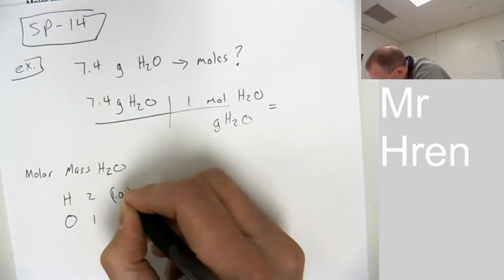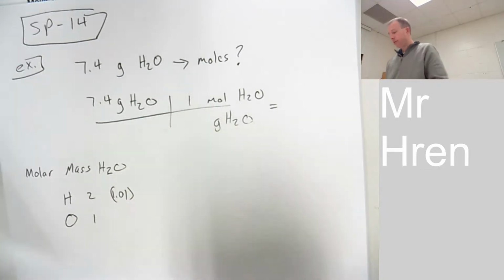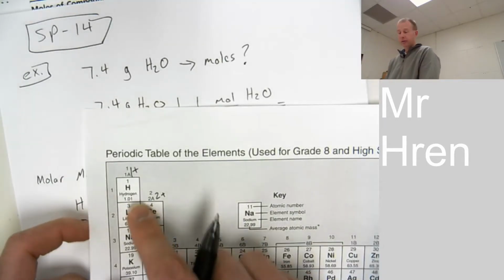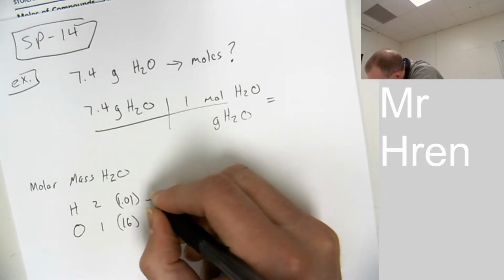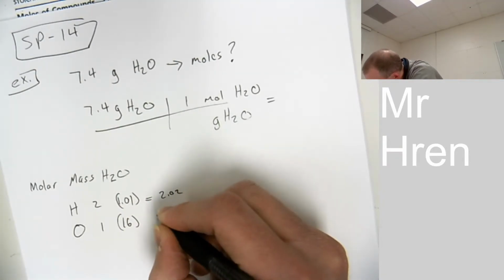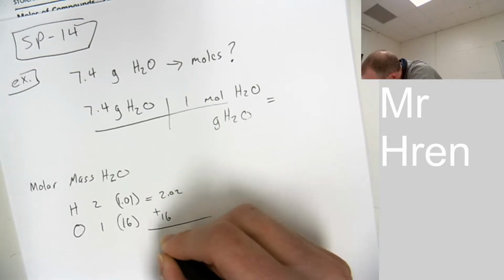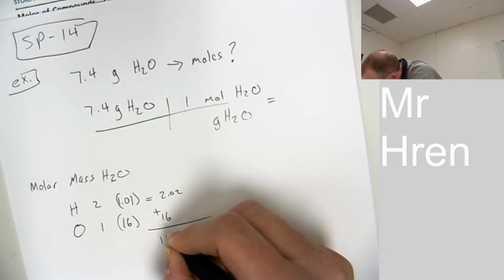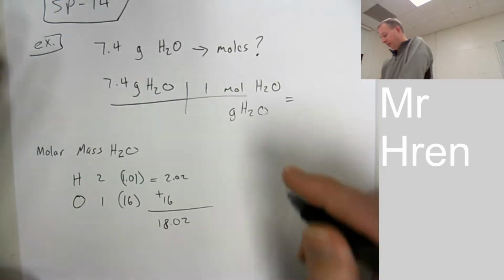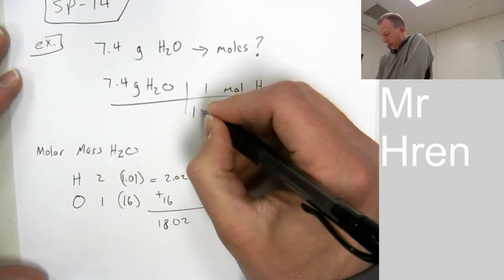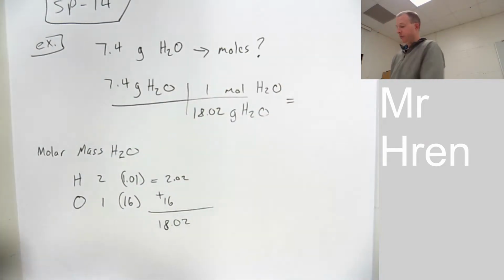The mass of hydrogen is 1.01, off the periodic table. Oxygen is 16. So that's 2.02 plus 16, which gives you 18.02. You're going to remember that one pretty solidly soon, because you're going to deal with water a lot. So the mass is 18.02.